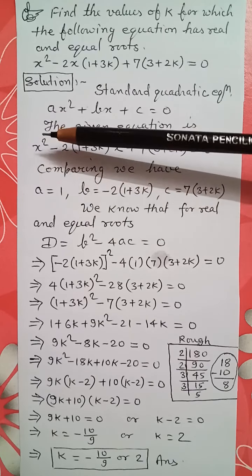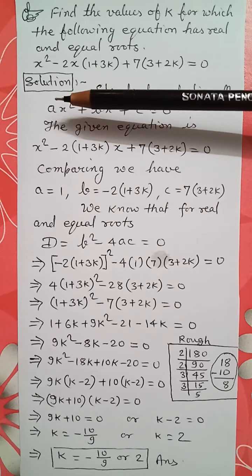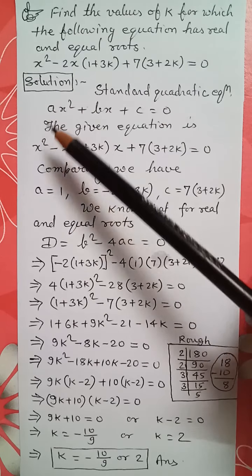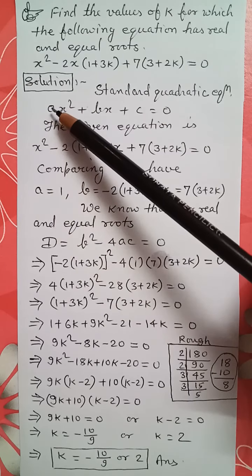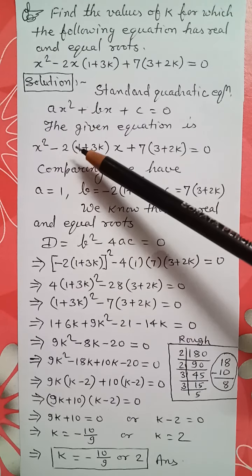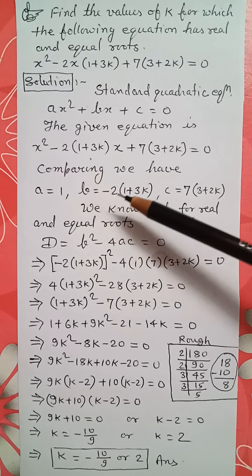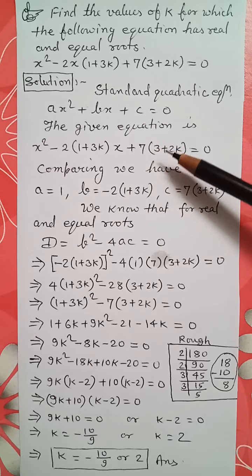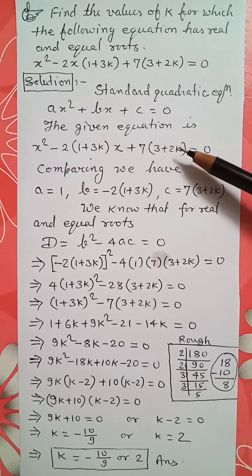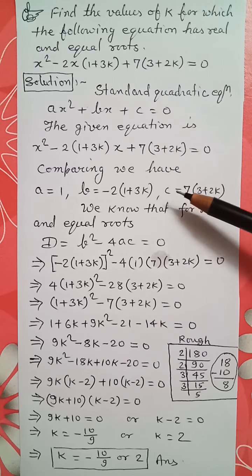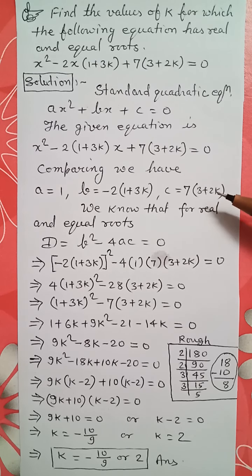Comparing this equation with the standard form, we have a is equal to 1, b is equal to minus 2 times (1 plus 3k), and c is equal to 7 times (3 plus 2k).